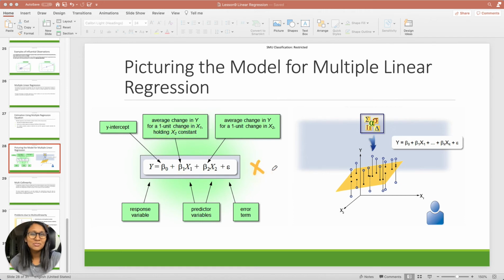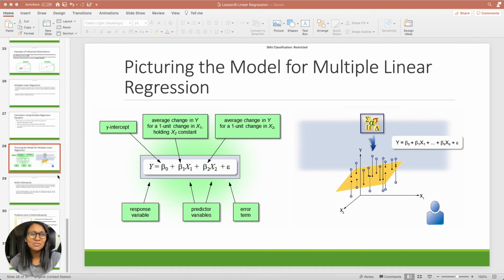If you had X3 and X4, and a much longer equation, then beta 1 describes the change in Y for a unit change in X1, holding all other X variables constant. This is an extension of how you understand the beta estimates, or the parameter estimates, when you are building a multiple linear regression model.